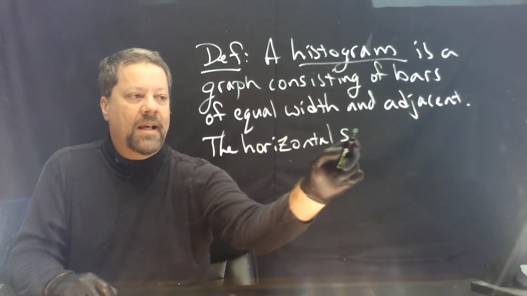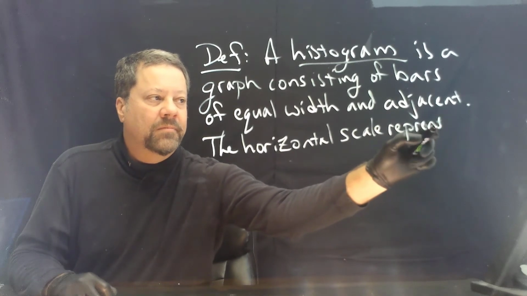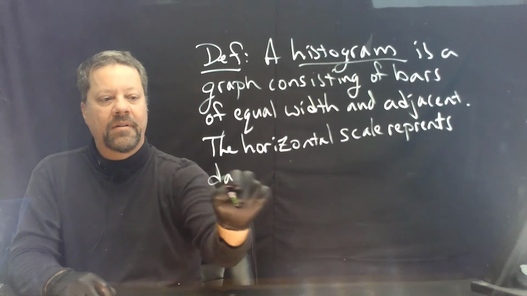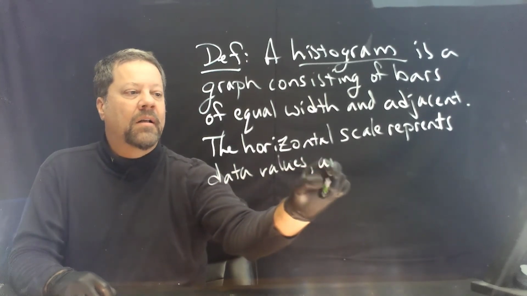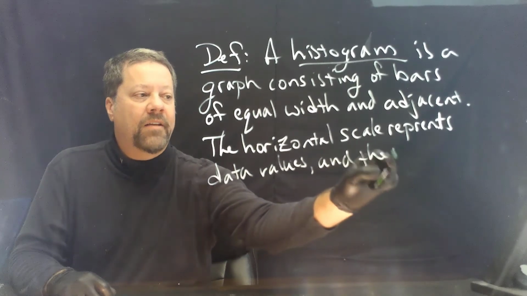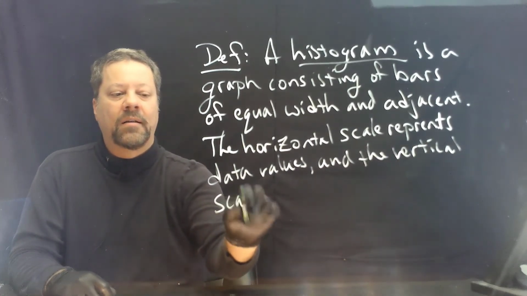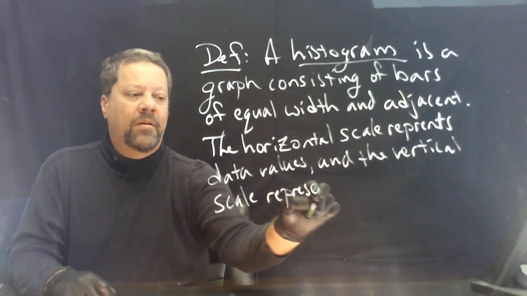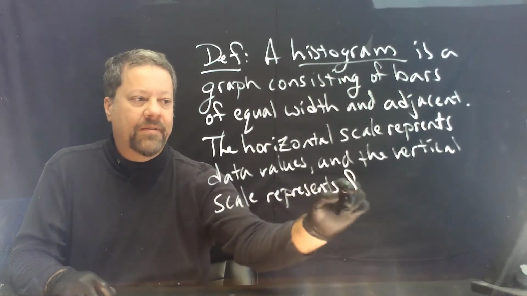The horizontal scale represents the data values, and the vertical scale represents frequencies or relative frequencies.